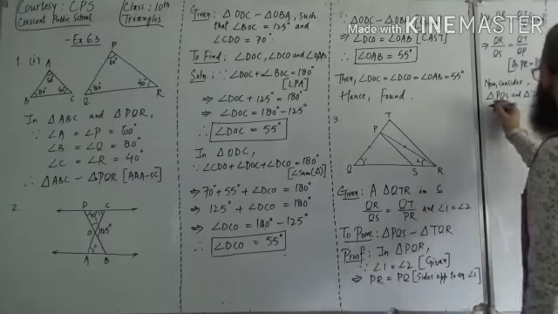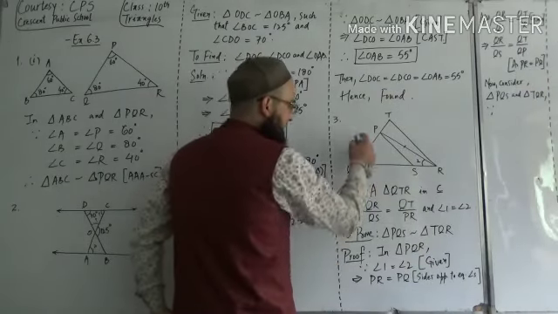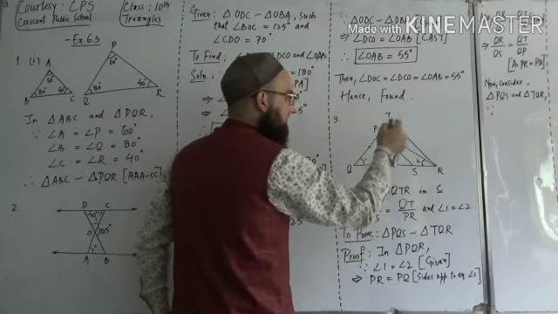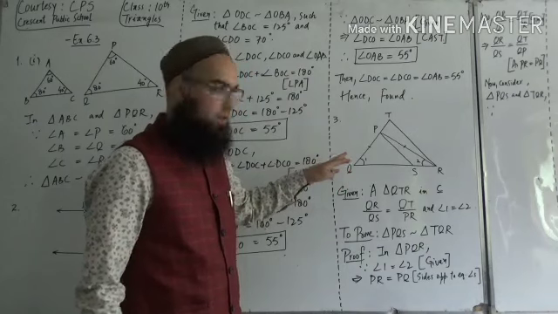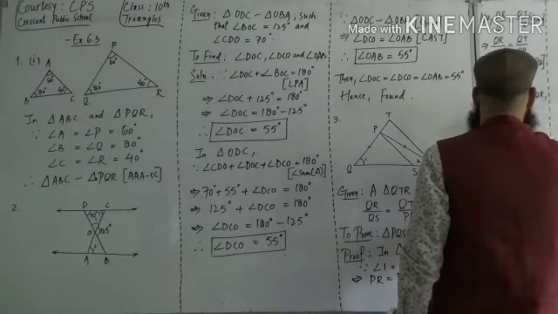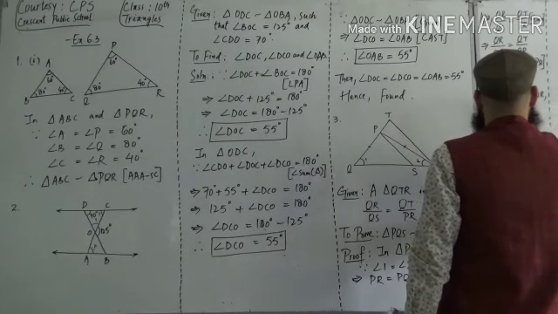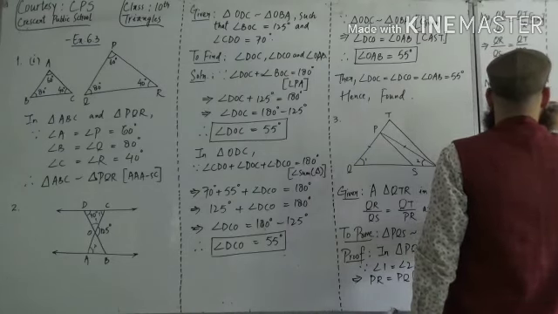Consider these two triangles, PQS and TQR. Now angle Q is in both PQS and TQR. You can say angle Q is equal to angle Q, this is common.